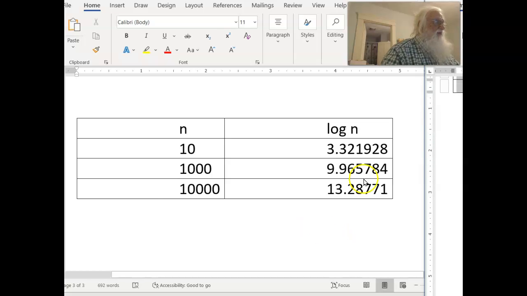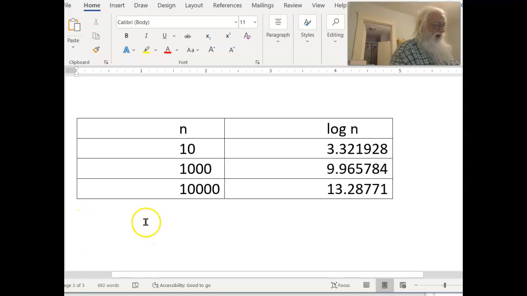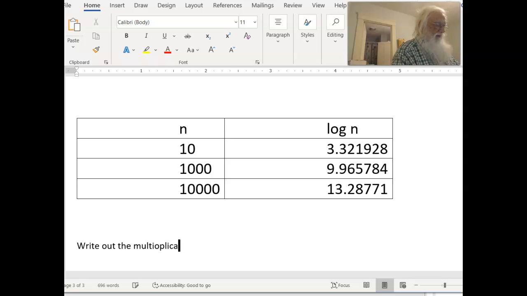Now, not all algorithms are very good algorithms. Here's a very simple problem. Write out the multiplication table of size n by n.